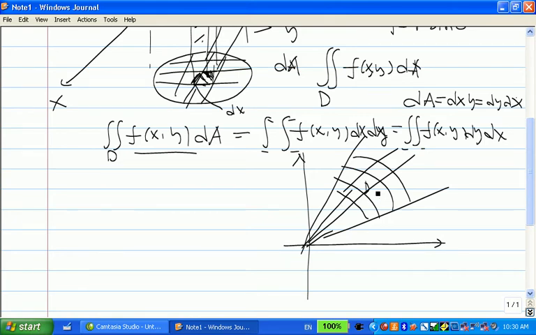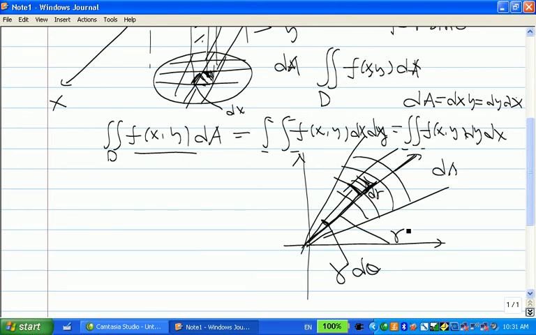Remember this direction is your r. So this is our dA. This dA can be written as dr times this length. Now this difference is d theta. However, this arc length is not d theta. It's r times d theta.